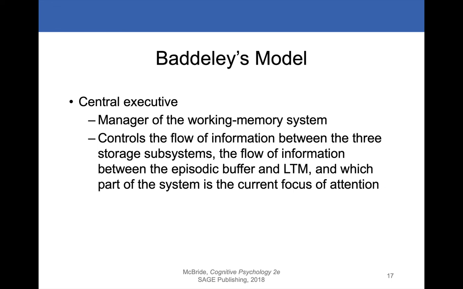Now, we can go beyond Baddeley's model. There's been a lot of research that's been done on this model. Cowan suggests that the working memory is just part of long-term memory. So Cowan, as discussed in your book, is saying there really isn't a working memory. It only looks like that because working memory is just long-term memory that is currently activated in our attention.